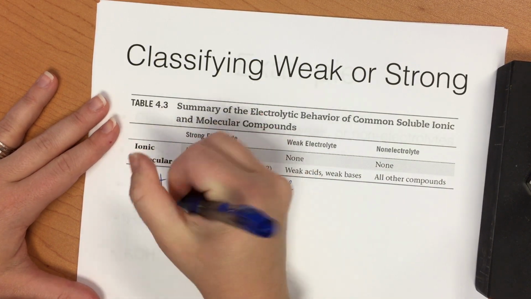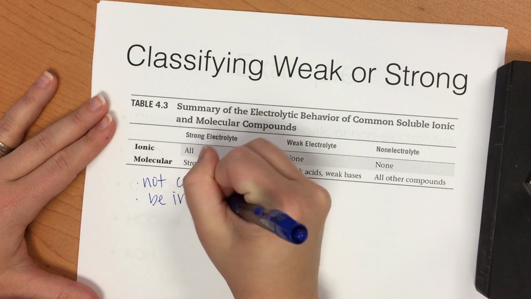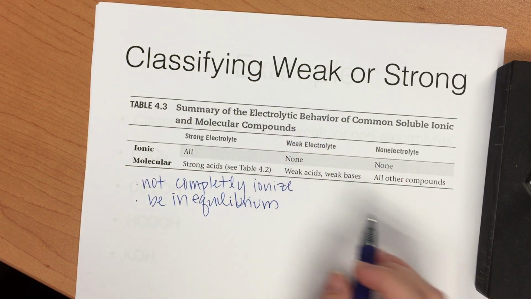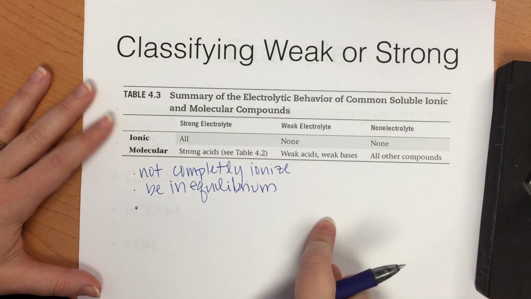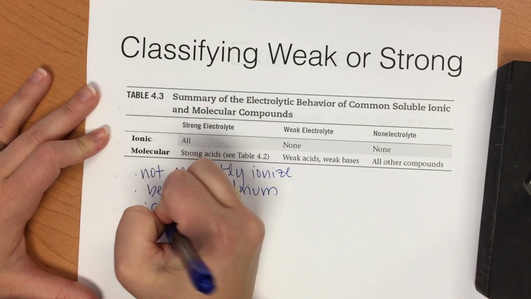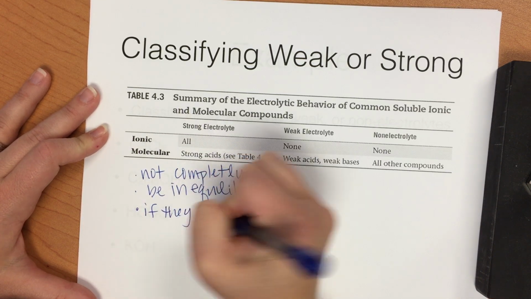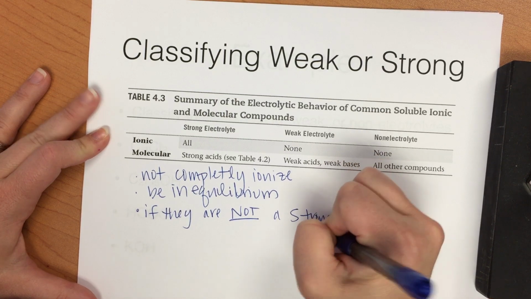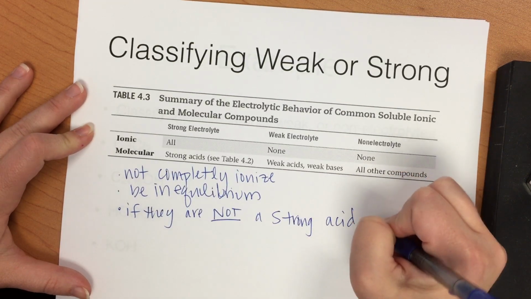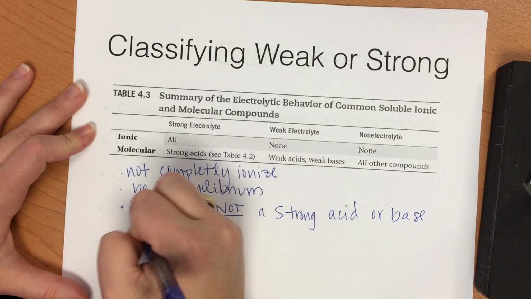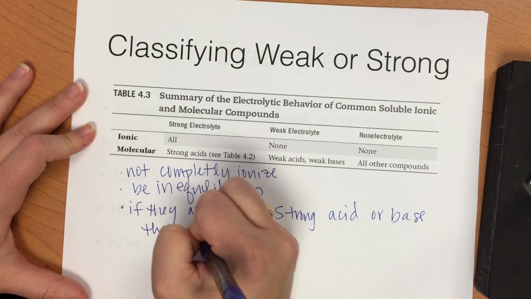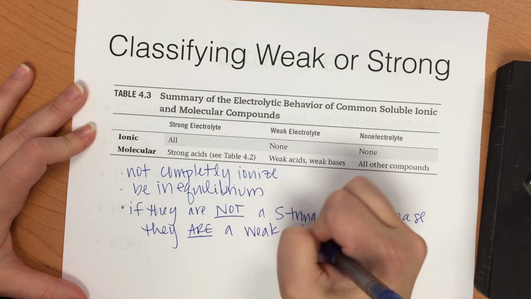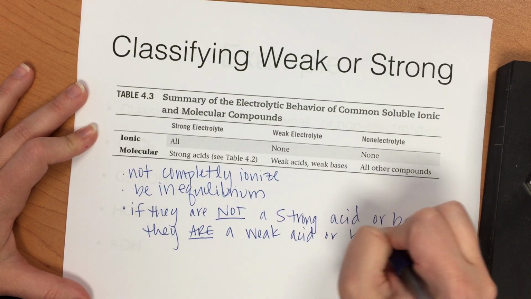These will be in equilibrium. And one way to consider this is if they are not a strong acid or base, they are a weak acid or base.